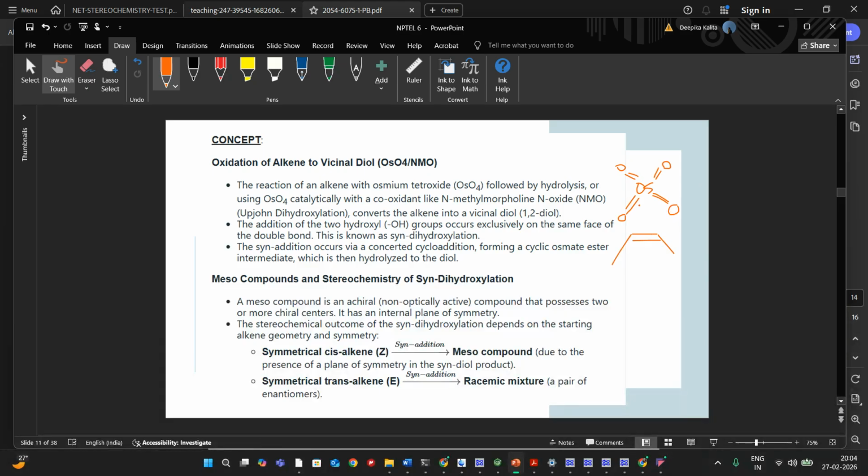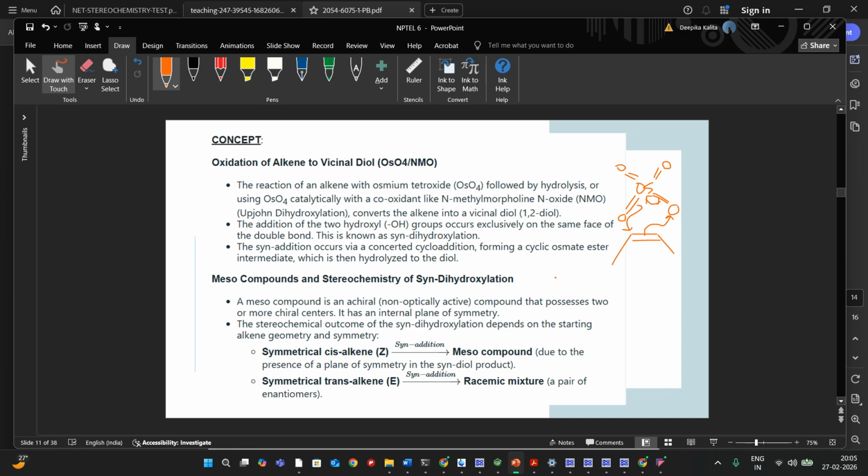Okay, so the addition of both the hydroxyl groups onto the alkene is going to occur from the same face. The syn addition occurs via a concerted cycloaddition forming a cyclic osmate ester intermediate, which is then hydrolyzed to the diol. You can visualize this as such a transition state and a cyclic osmate intermediate.